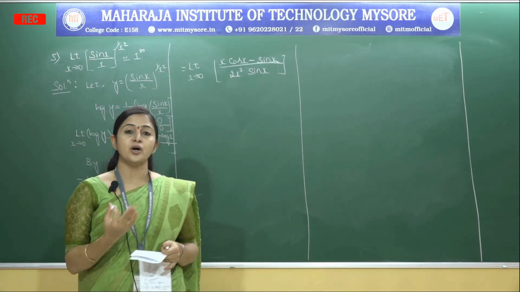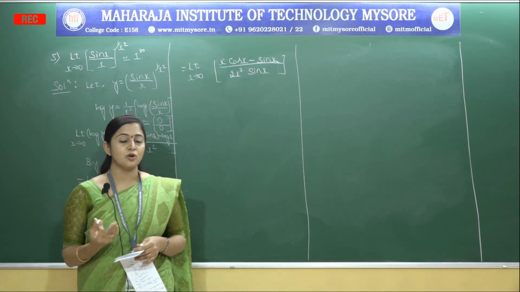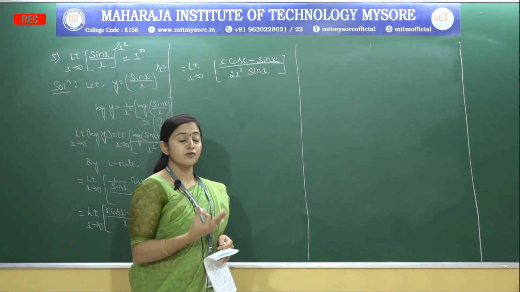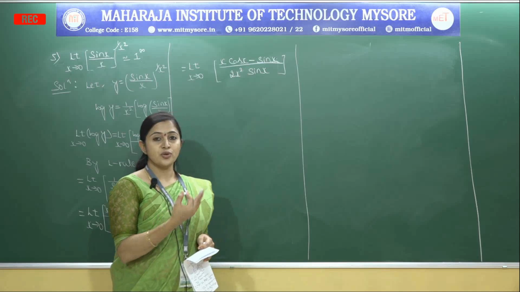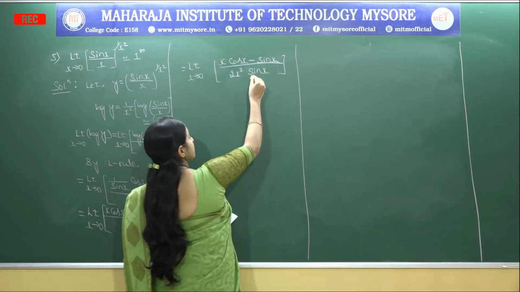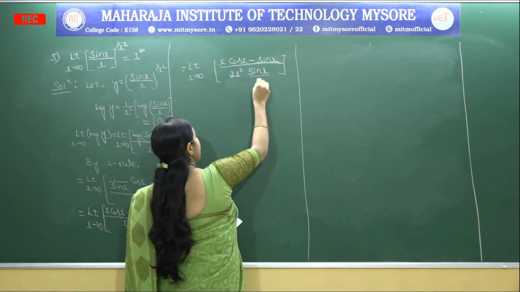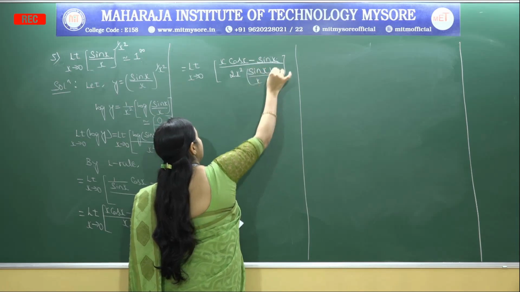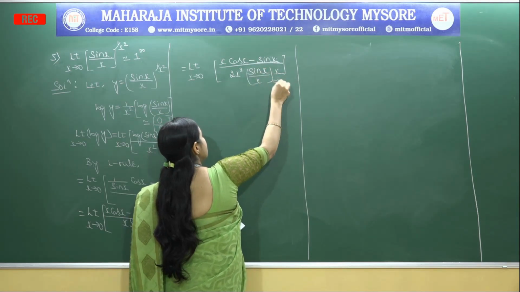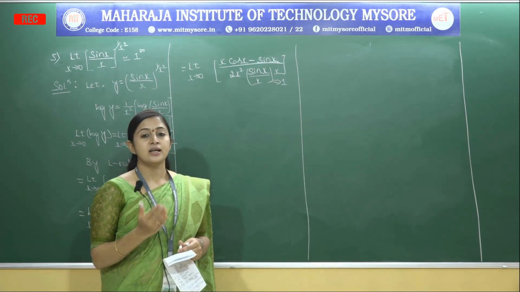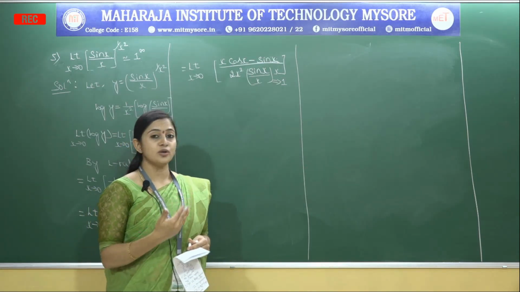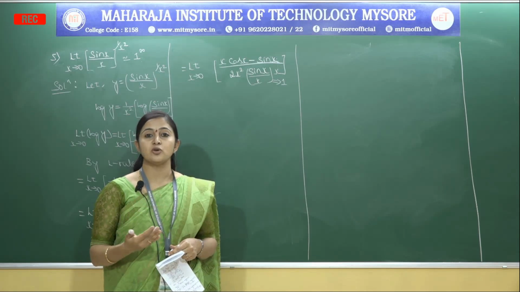As the denominator you have the product of a polynomial and a trigonometric term, and you have sin x of course. Since the limit is as x tends to 0, you can apply the property in the denominator. Since you have sin x, multiply and divide by x. Then this term tends to 1 using the property. Then simplify that, and it tends to another indeterminate form. Again apply the L'Hospital rule.